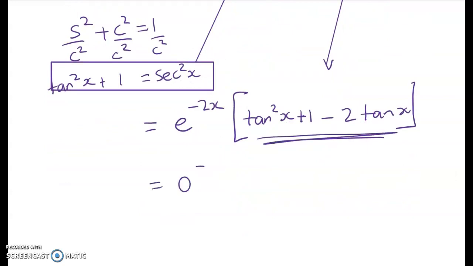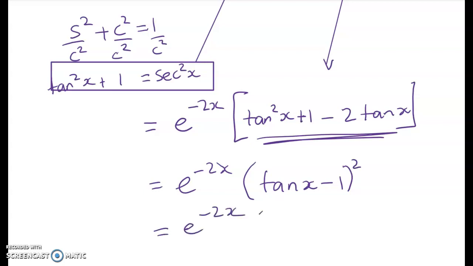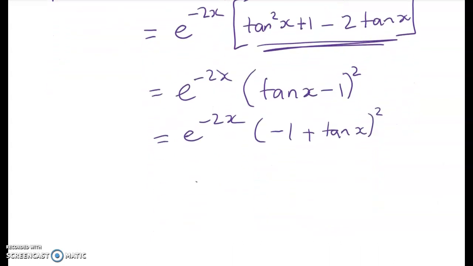This is e to the negative 2x times tan x minus 1 squared. But the form we're asked to give it in is with the constant first. So we can rewrite it like this, negative 1 plus tan x all squared. And that gives me a is equal to negative 1 and b is equal to 1.